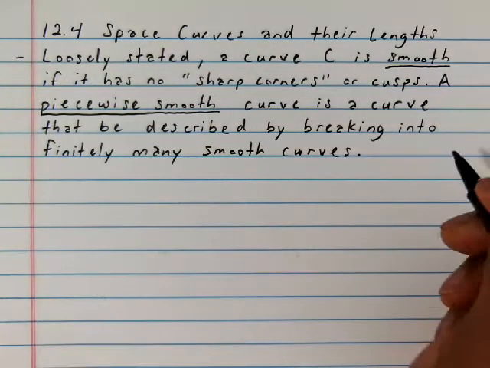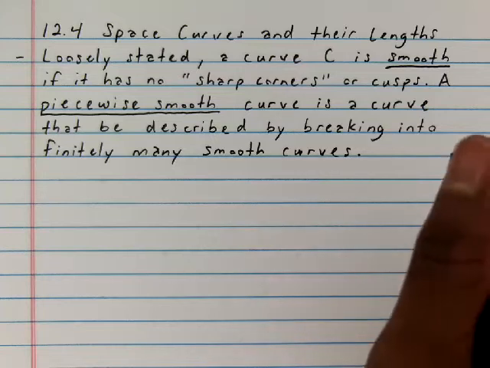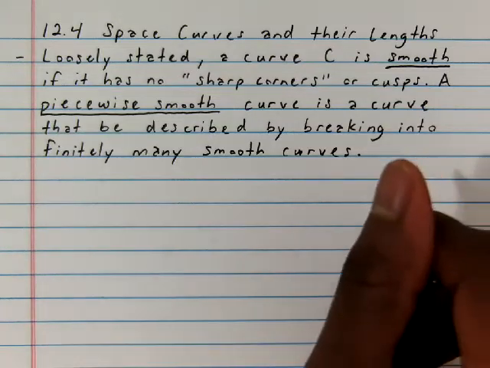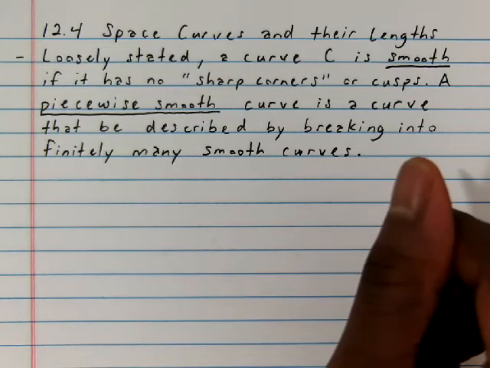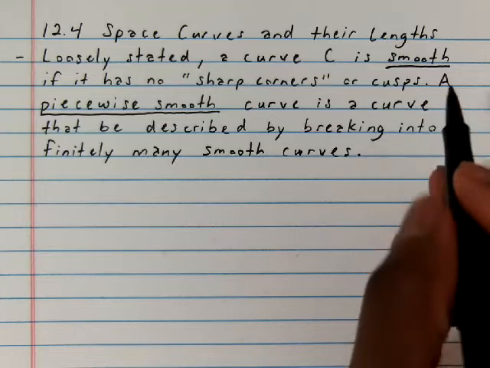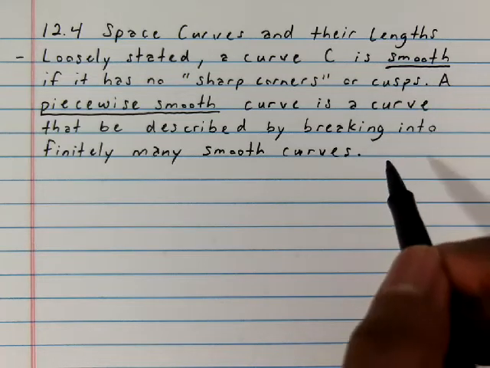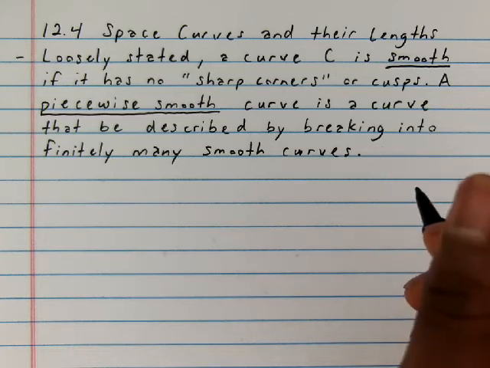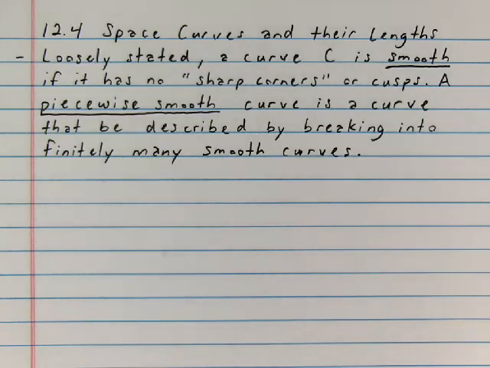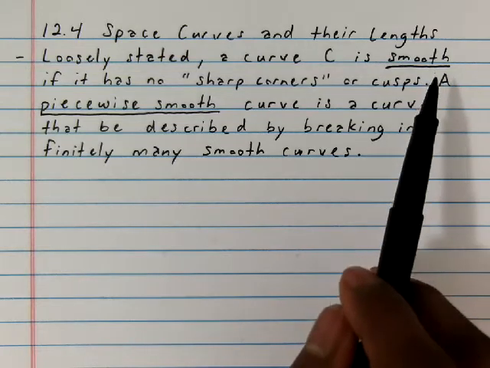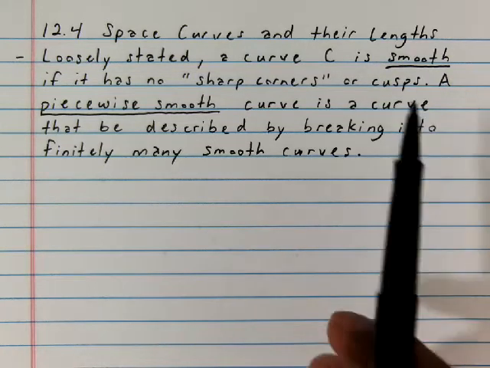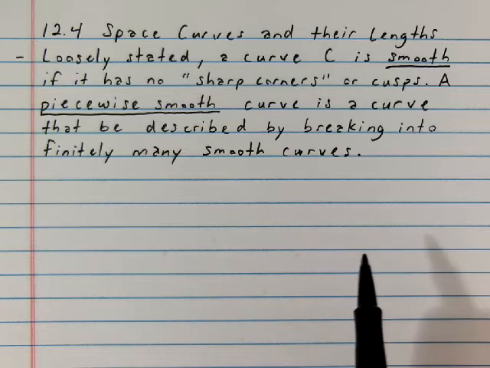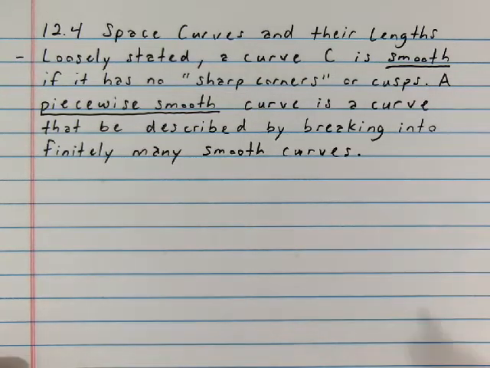So you'll see the terms smooth and piecewise smooth a lot throughout this section. There's an official definition in the textbook as to what smooth means, and I'll do one example where I briefly use that so you all can read that definition. Now, there's also an example in the textbook that uses the actual definition of smooth as well, so you'll see that in your reading also. But I just wanted to give you a general idea of what it meant, more so than the formal definition.